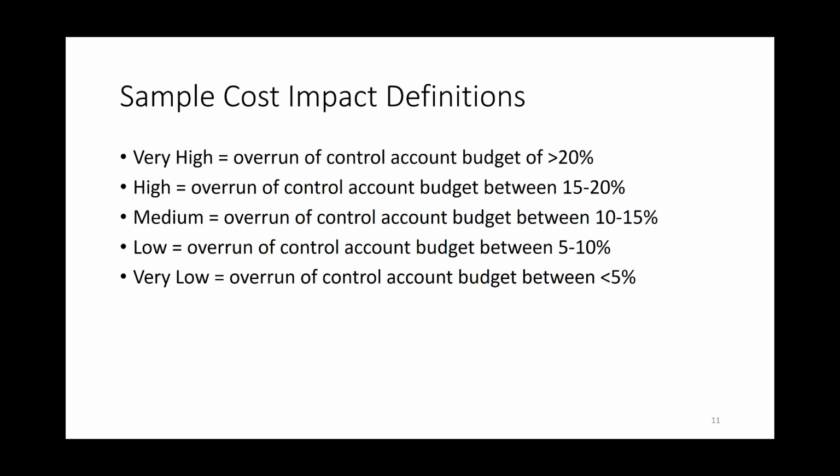You literally got to think about what you're doing, and you do your thinking up front when you're making your risk management plan, so that when you're identifying and evaluating risks like you will be this week, you've already done your thinking about what constitutes a high, medium, or low impact, high, medium, or low, or very high or very low probability. Okay, so that's the definitions of those. Let's go to the next slide.